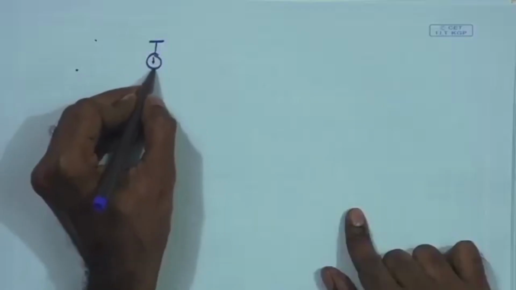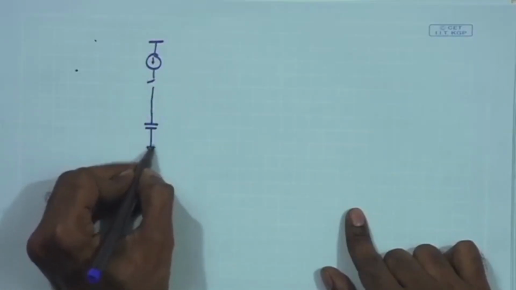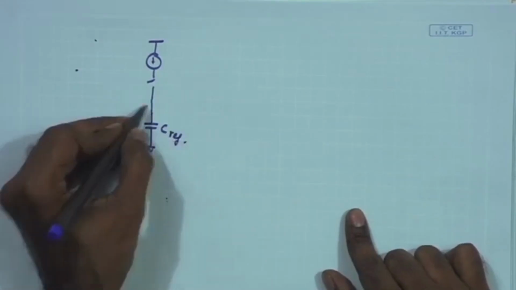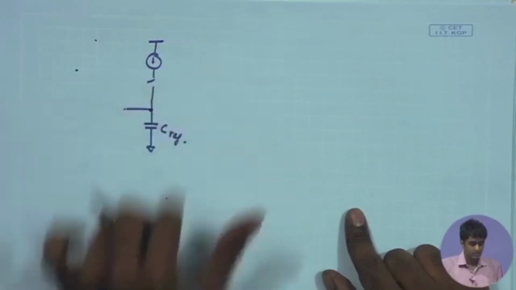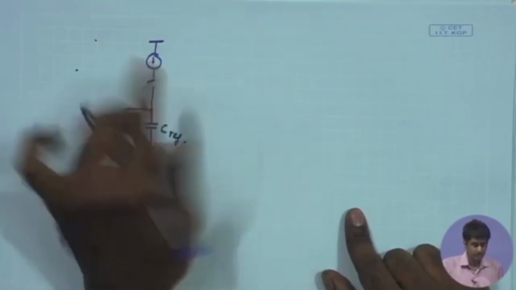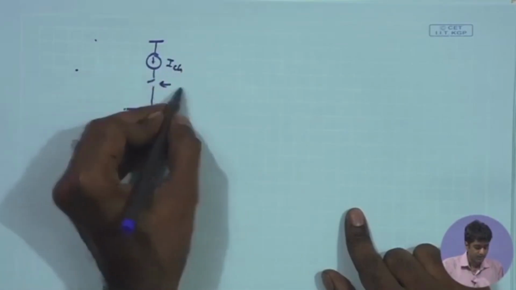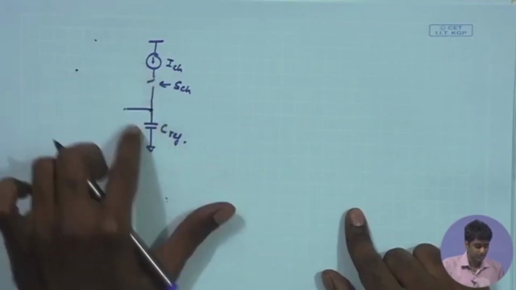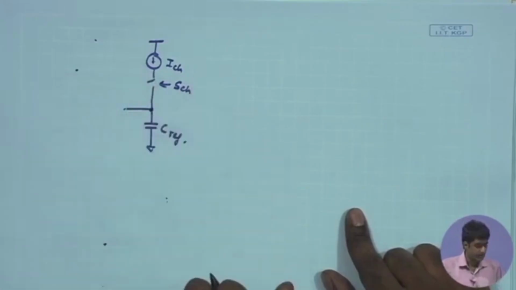Therefore, if you just have a current source along with a switch which can charge a constant capacitor C ref, it can produce a ramp with a constant slope provided this current remains constant. So this is your I charge, and I can call this switch S charge. Whenever this S charge is on, this voltage will be increasing linearly with time.